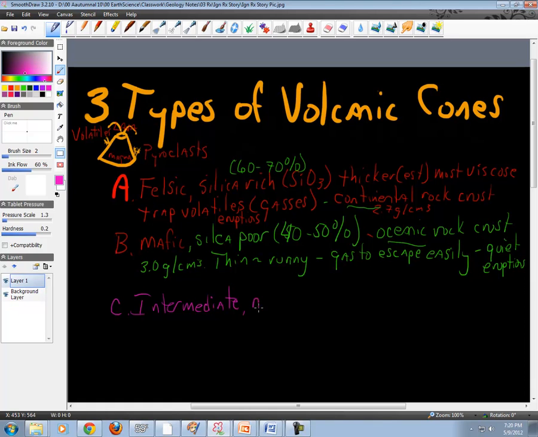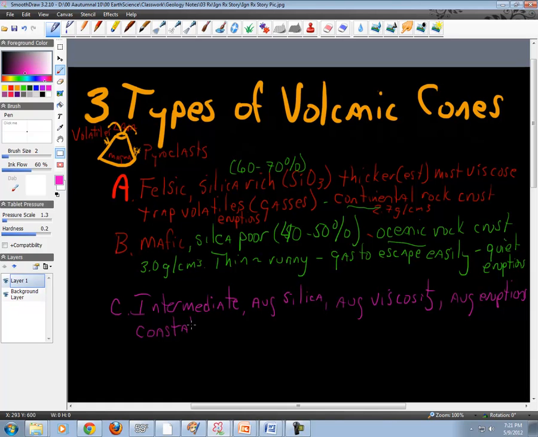It tends to be average silica, average viscosity, average eruptions. Where this is continental rock, and this is oceanic rock, this is more like what you'd find at the coast.